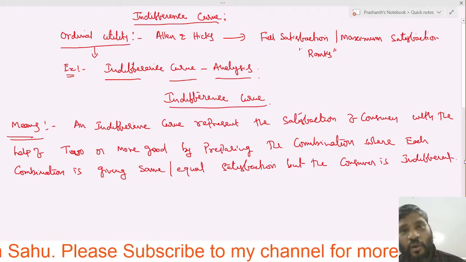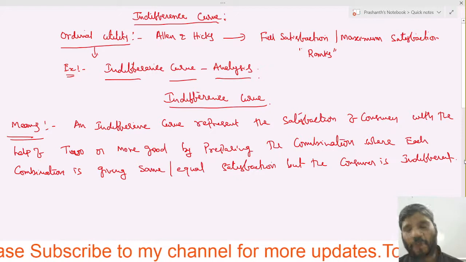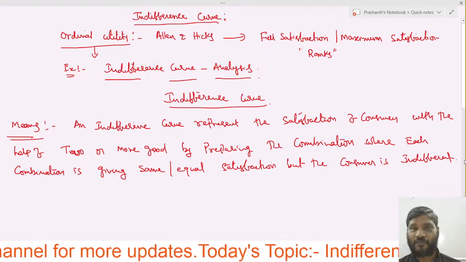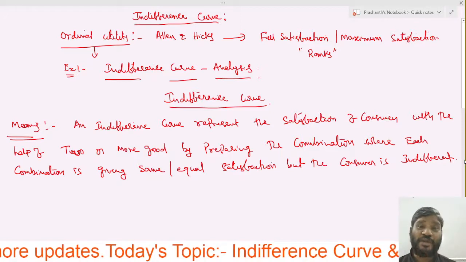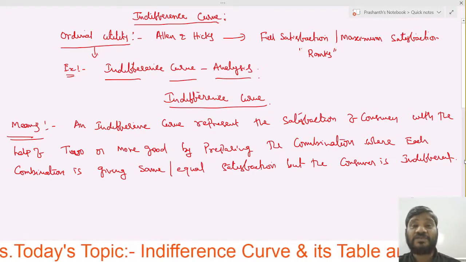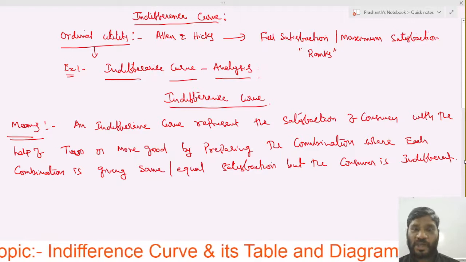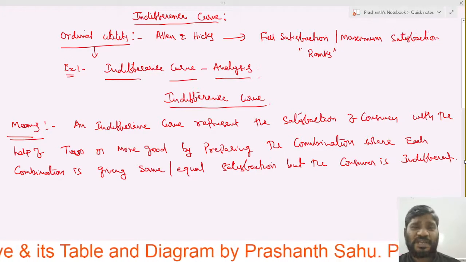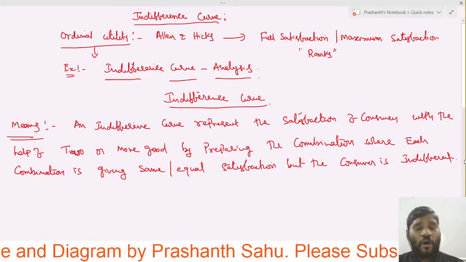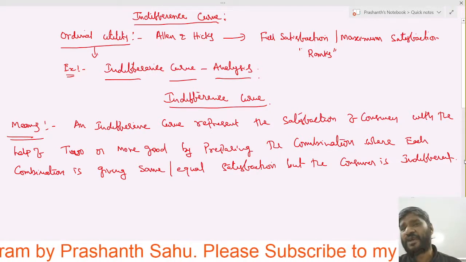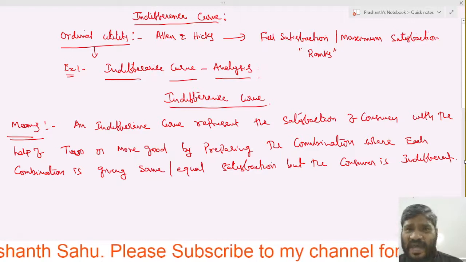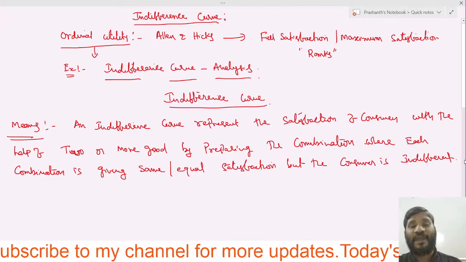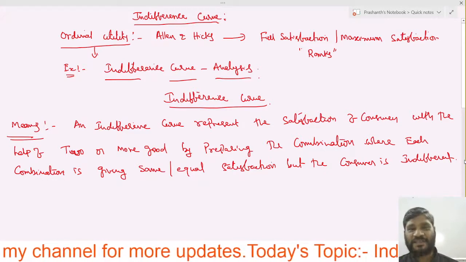This also tells about the level of satisfaction, full or maximum satisfaction. But what the consumer is doing here is preparing combinations of two or more goods. After preparing them, all the combinations he has planned are giving the same satisfaction, but the consumer is indifferent in selecting among the combinations.